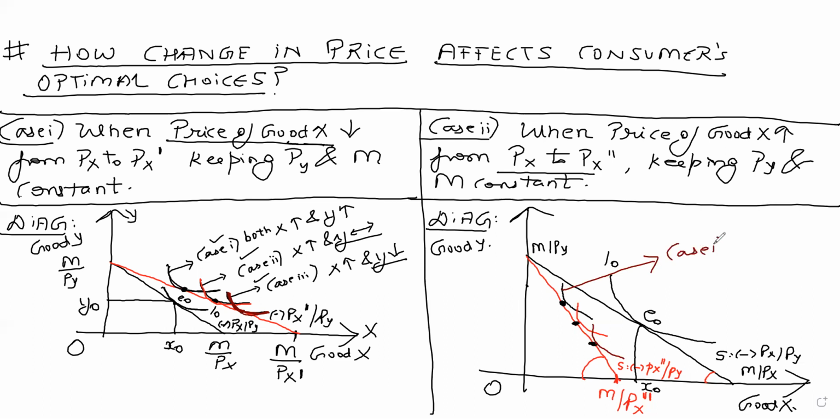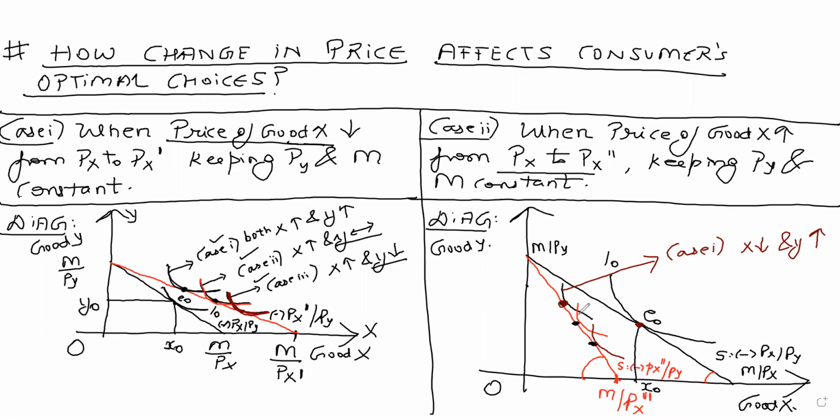This is case 1, the case when good X is falling and good Y is rising. If you compare E0 with this point, you can clearly see that good X is falling but good Y is rising.